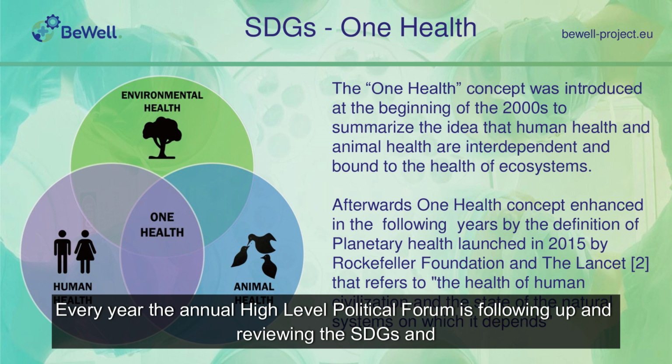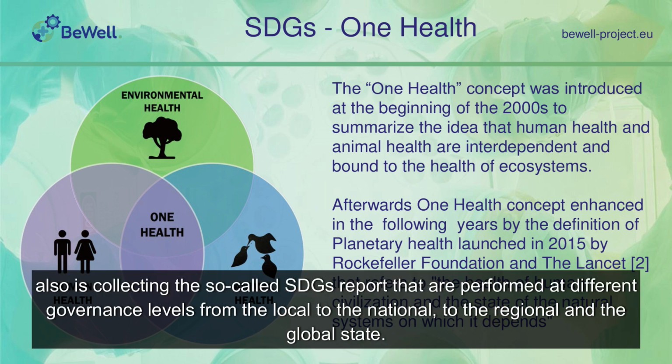Every year, the annual High-Level Political Forum follows up and reviews the SDGs and also collects the so-called SDGs reports, which are performed at different governance levels, from the local to the national, to the regional and the global stage.